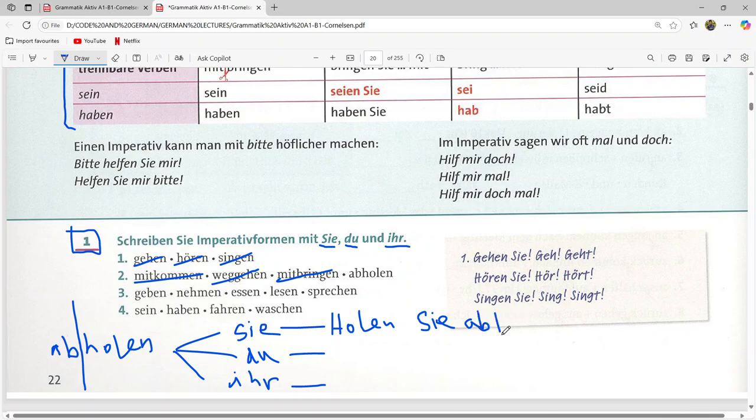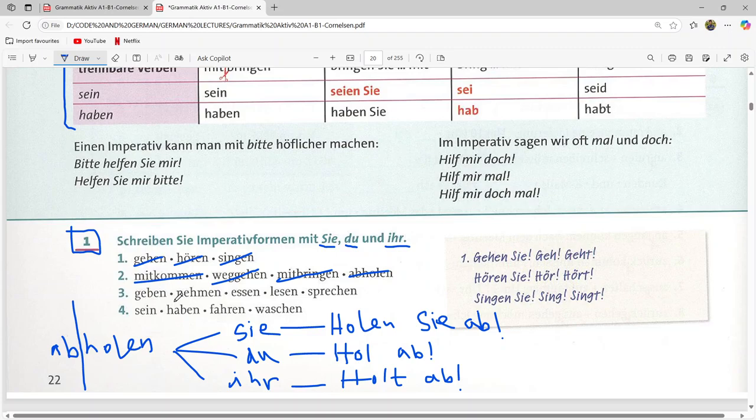So one more thing, in the imperative at the end we always use the exclamation mark. Okay, next, hol, not holst, it will be hol. St will be removed and du will not be used, so hol ab. Again in the er form it is holt ab. Okay, so this one is also done.